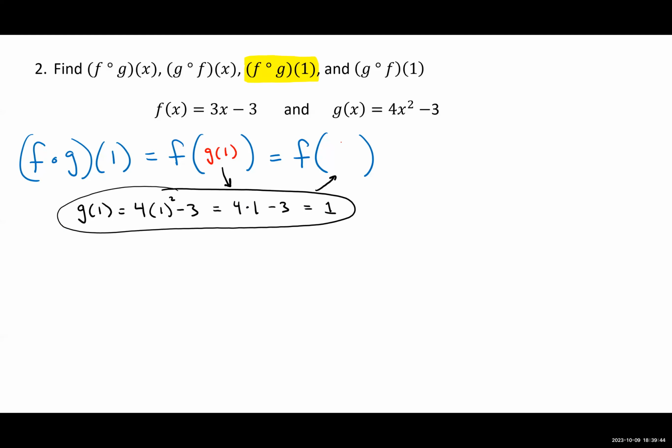Okay, so it's a two-step process, and that was the picture I drew earlier. I said this is the domain of the g function, and here's the g function right here. And here's the range of the g function. And I think I used orange.